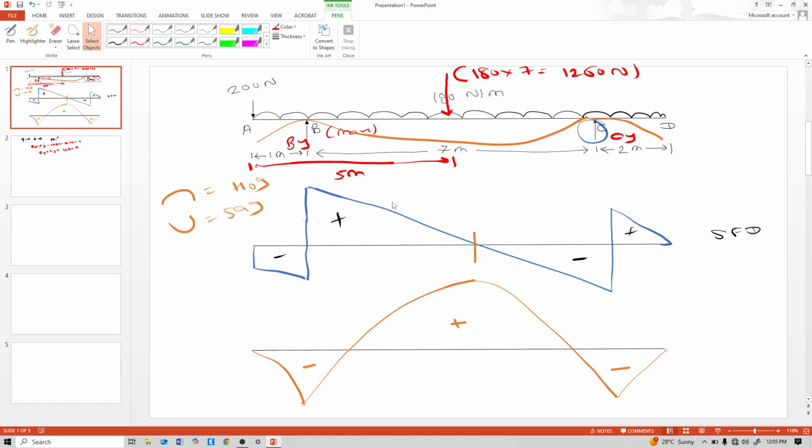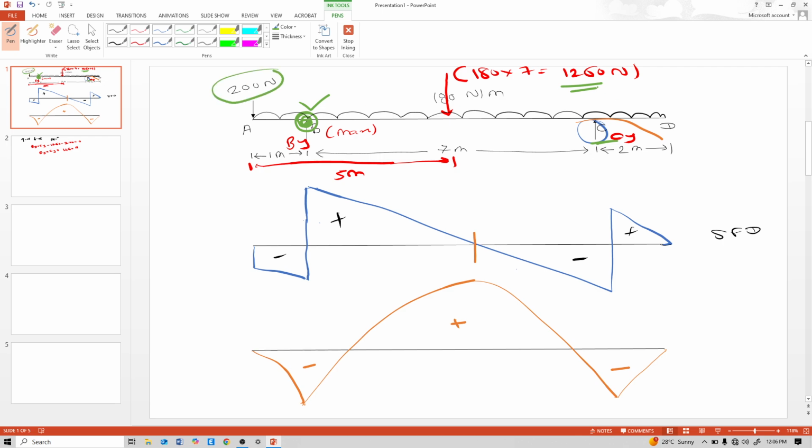Now calculate By or Cy. I am interested in taking moment at this B. So this 1260 is clockwise to this point. This Cy is anti-clockwise, and this 200 Newton is also anti-clockwise.